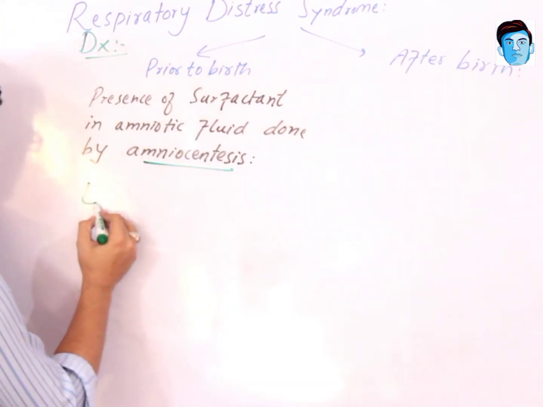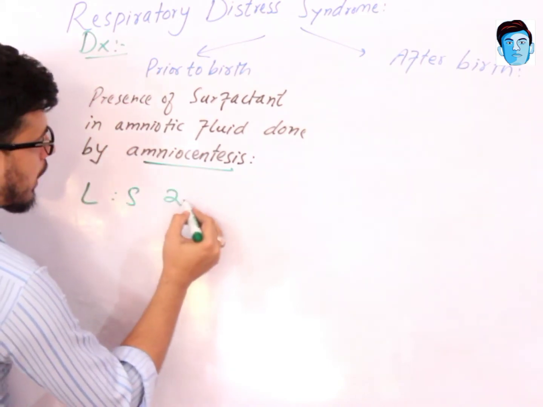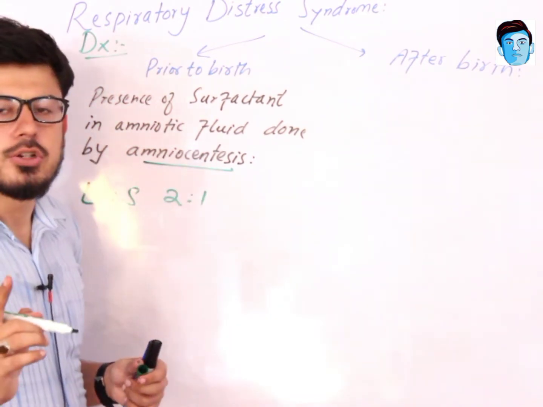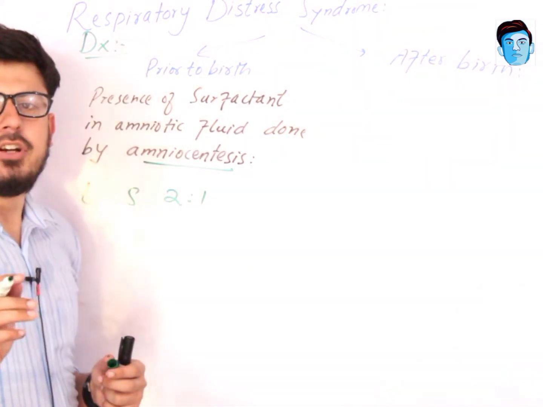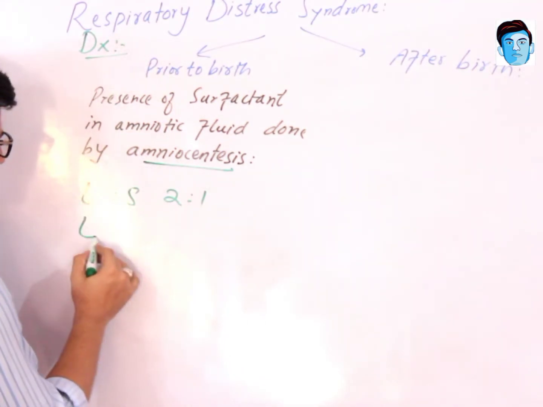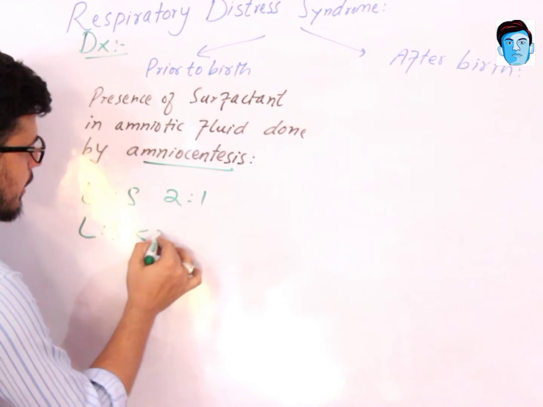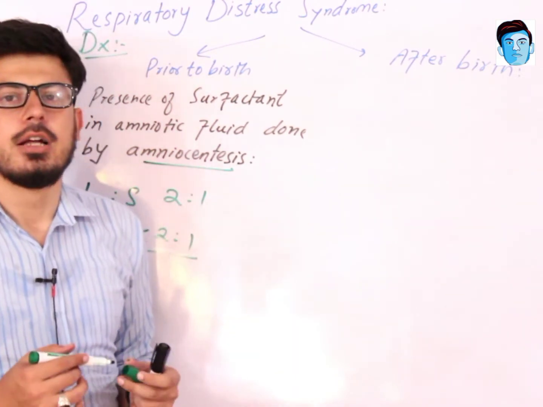Normally the lecithin to sphingomyelin ratio is 2:1. If the ratio is 2:1, it indicates that the fetal lungs are mature. But if the lecithin to sphingomyelin ratio is less than 2:1, it indicates that the fetal lungs are not mature.